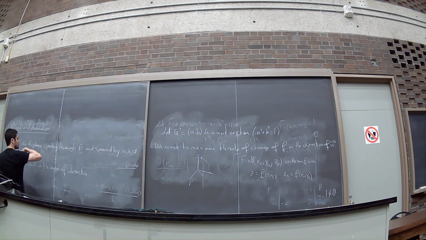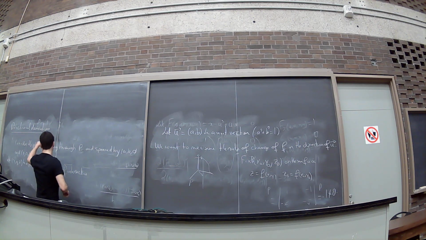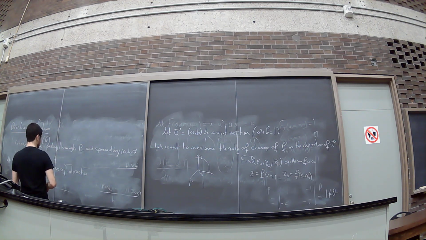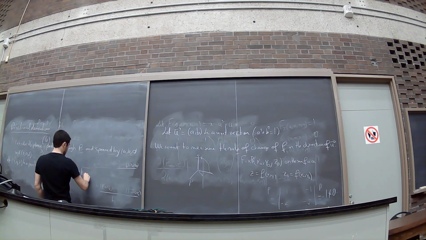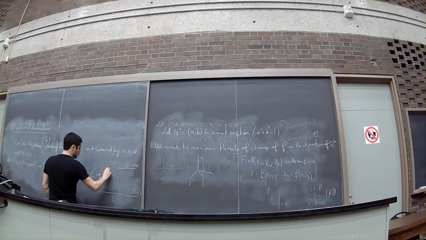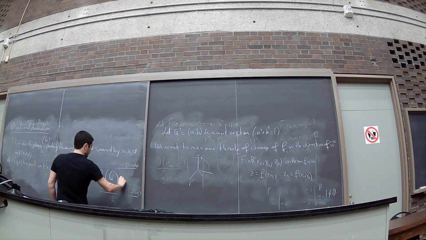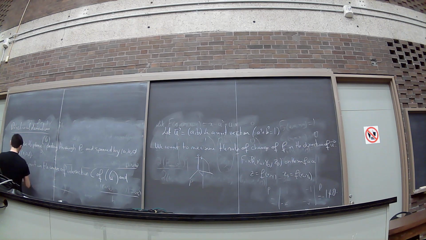Consider the plane, what are we going to call the plane? What's a good name for a plane? P is a good name, but you used it already. Let's put it Q, okay? And in planar geometry, consider the plane that is a section, C of Q, and z is equal to f(x, y).